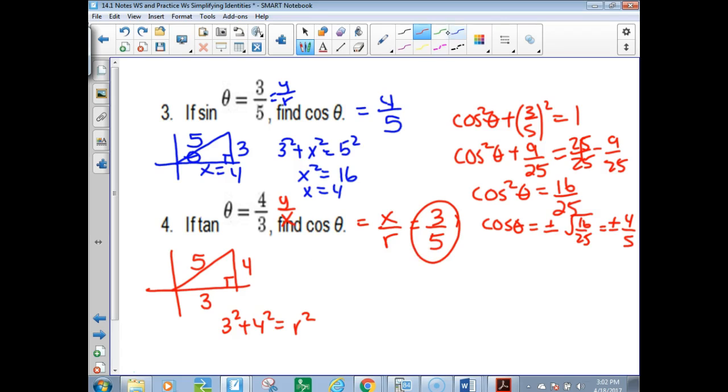Oh, I can show it with an identity. 1 plus tangent squared equals secant squared. 1 plus 16/9.